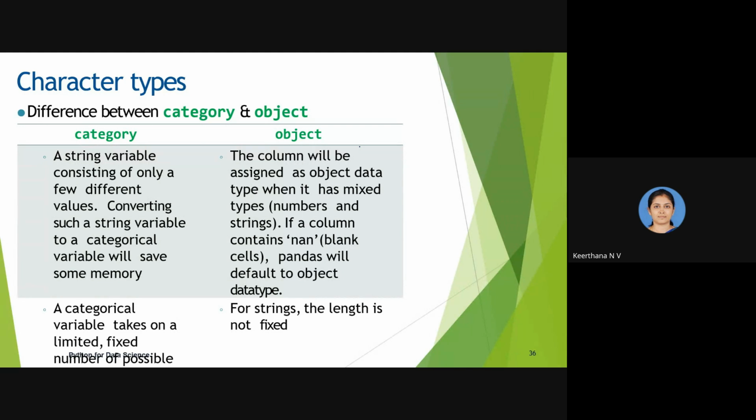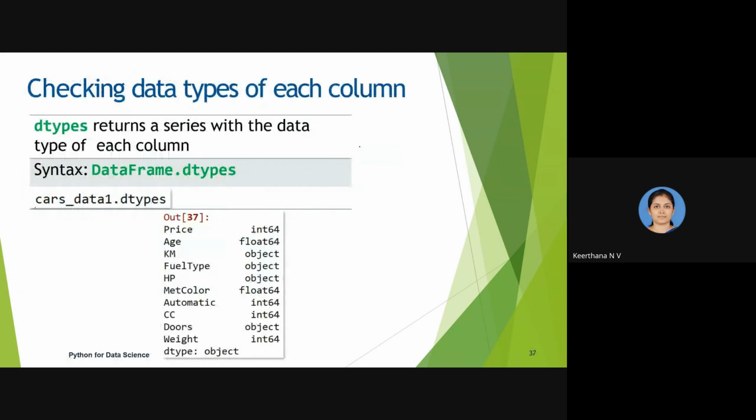In object, the length is not fixed; it is a string, but the length is not fixed. If any column is blank, that is NaN, or numbers, with no limit, it will be considered an object data type.